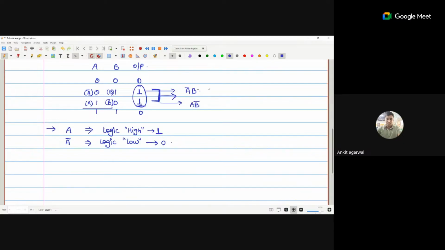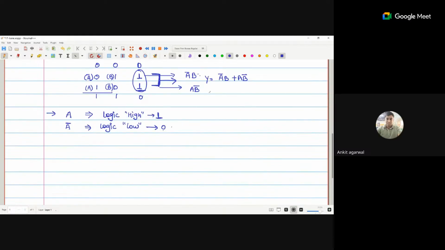And after these product terms, we have to use the summation. So A bar B plus A B bar. This is the output equation of Y for the XOR gate. You are already aware of this one. So for the XOR gate, Y is A bar B plus A B bar.